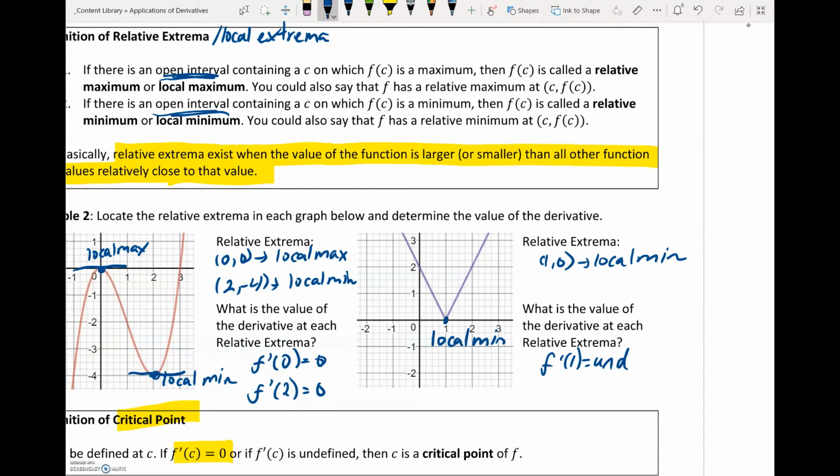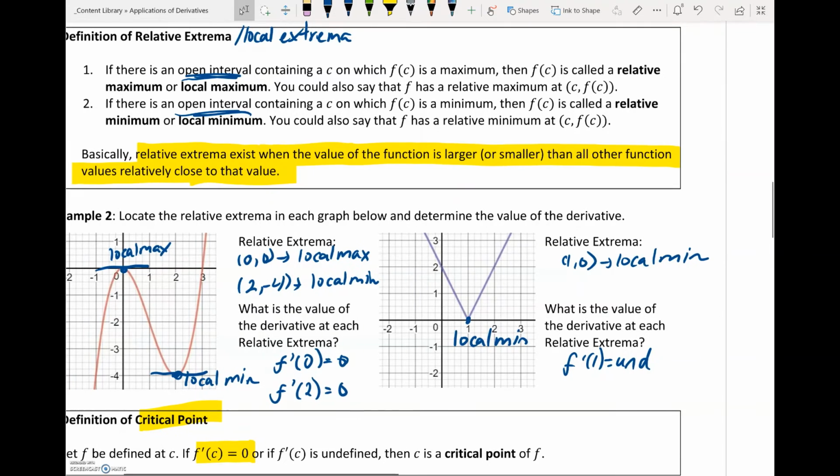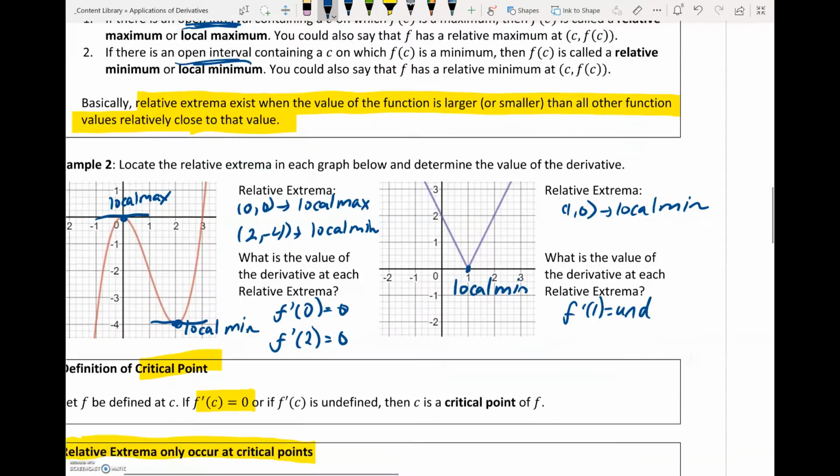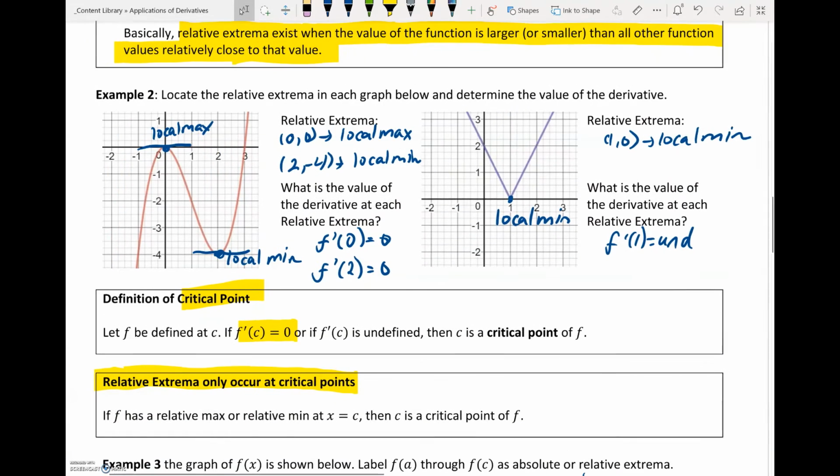So what do we notice here? We notice that we're going to have a local extrema whenever our slope is 0 at that point, or the derivative is going to be 0 at that point, or undefined. So that is what a critical point is. A critical point is some value c if f prime of c is 0 or f prime of c is undefined.